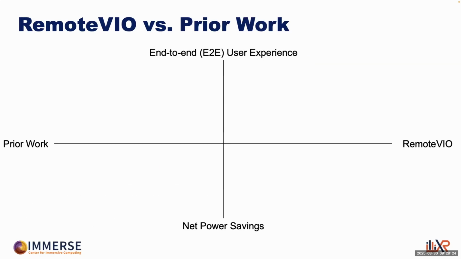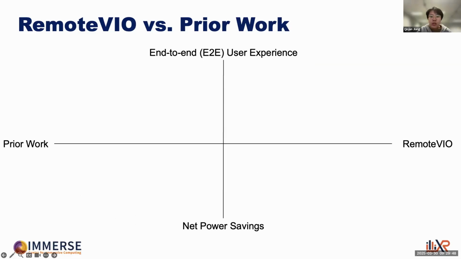To evaluate the effectiveness of an XR system with VIO offloaded, two critical aspects must be thoroughly examined. The first aspect is the end-to-end user experience. By end-to-end, we mean that the user can put on the headset and have a real immersive experience where the system supports all the components and computes from the sensor to the display.